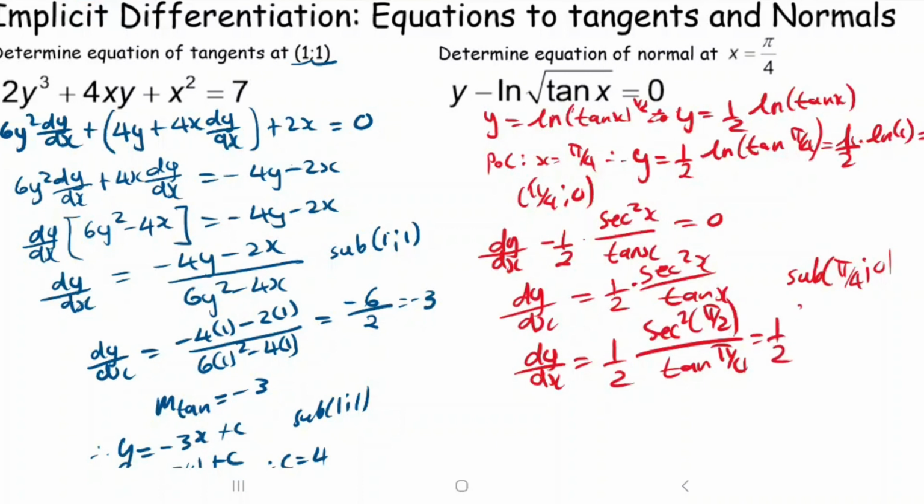Sec squared of pi over 4 gives us the square root of 2 squared, which is 2, and tan of pi over 4 is 1, so our final answer is 2 over 2, which is just 1. So the gradient of the tangent equals 1. Therefore the gradient of the normal, because the normal is perpendicular to the tangent, will be minus 1.